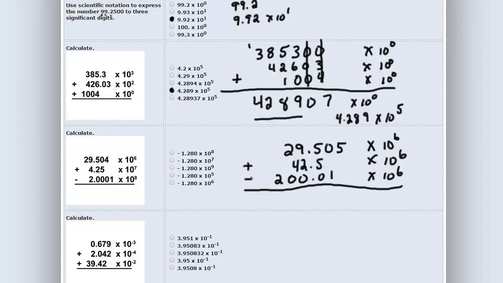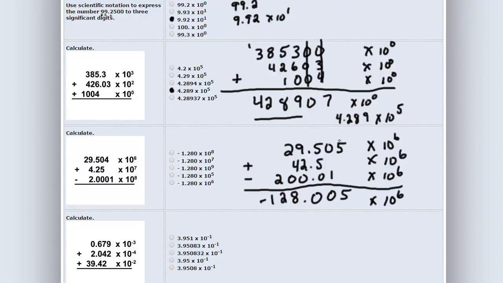So I get out my trusty calculator, 29.505, and I'm going to add to that 42.5, and then subtract 200.01, and I get negative 128.005. And then it's times 10 to the 6th. Okay, so this is my answer.